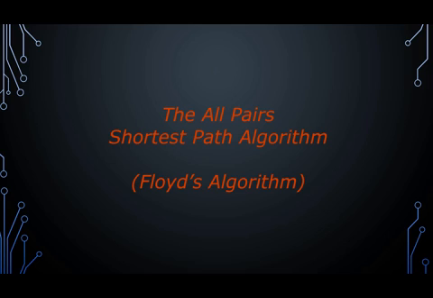Later on, Floyd improvised this algorithm to handle weighted networks as well. Therefore, because it was designed by Warshall and later improvised by Floyd, in a few places you also find the reference to this algorithm as Warshall-Floyd's algorithm. So shall we move on to the problem?